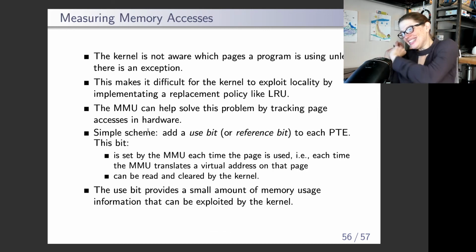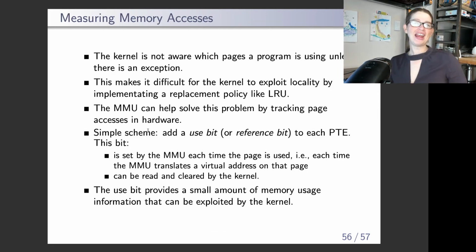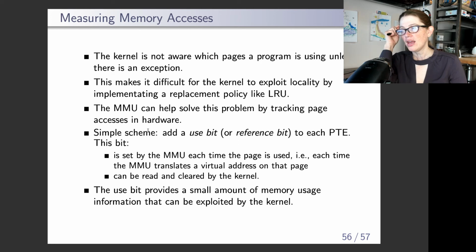However, you can't implement this either. Here's why. To implement LRU, we need to keep track of every single memory access. So every time I do a translation, I need to keep track that I did a translation on that page. But we don't actually do this.